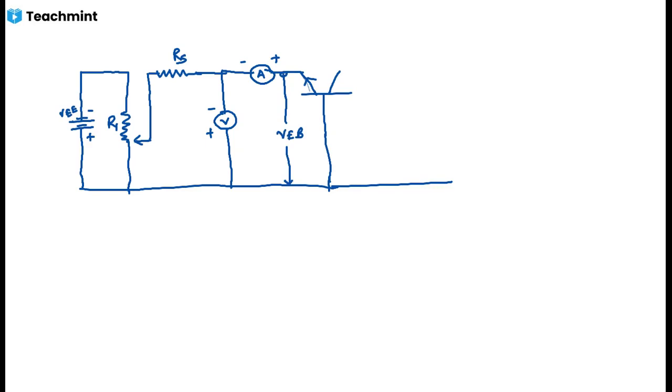This is the transistor. This is the emitter portion. This is the base terminal. So the base current is flowing here, IB.